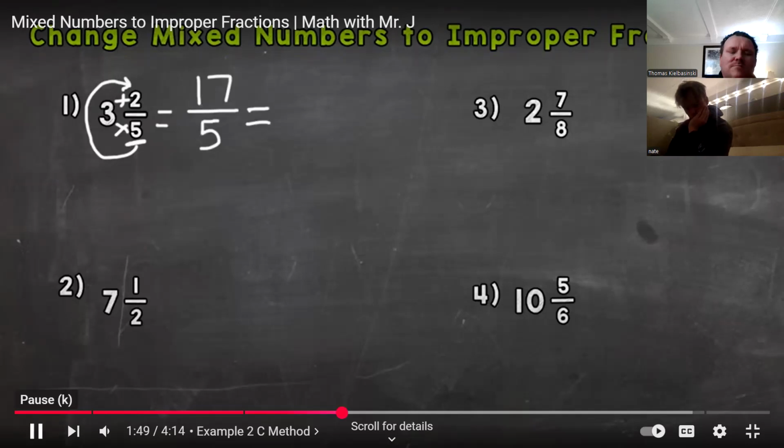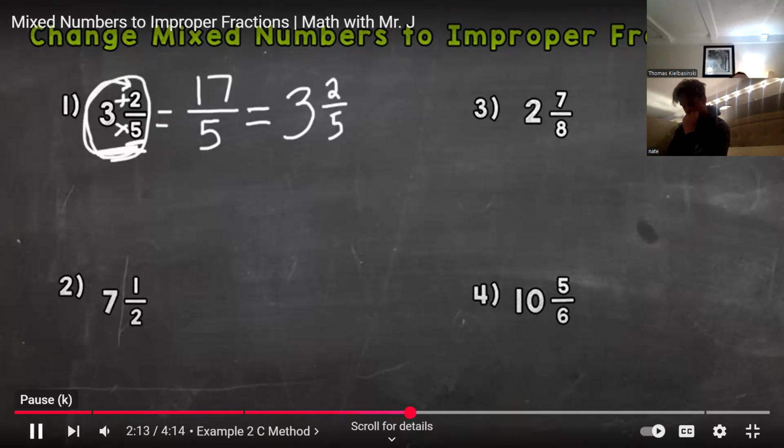Well, 3 whole groups. That's 15, so we have a remainder of 2 left over, and we keep the denominator of 5. To double check our answer, we went back to a mixed number and got the same thing that we started with. The improper fraction for 3 2/5 is 17/5.